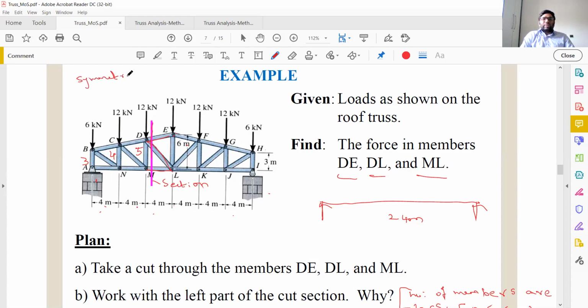Symmetrical means from the center the loads are the same to left and right.